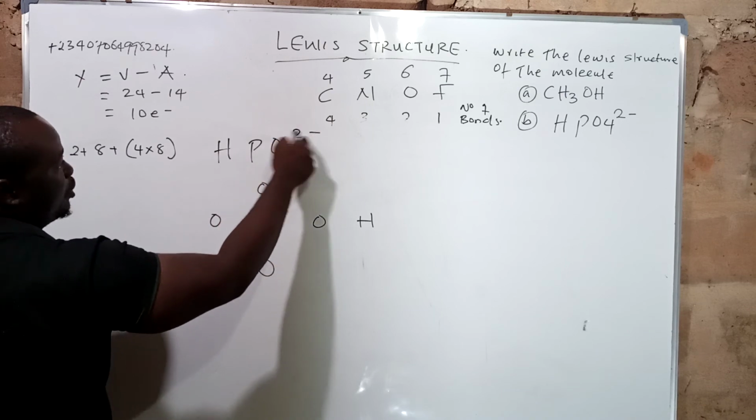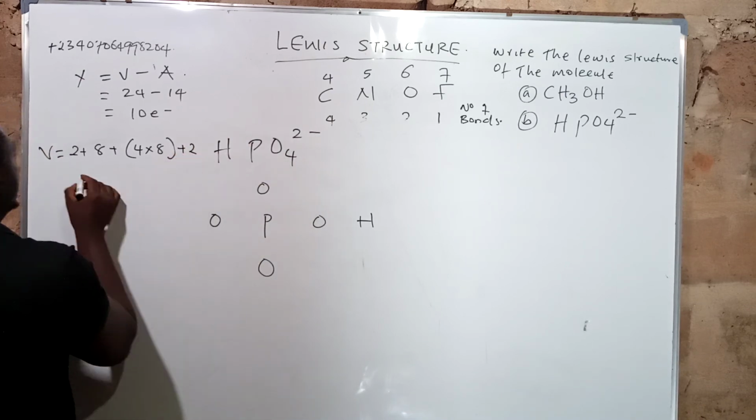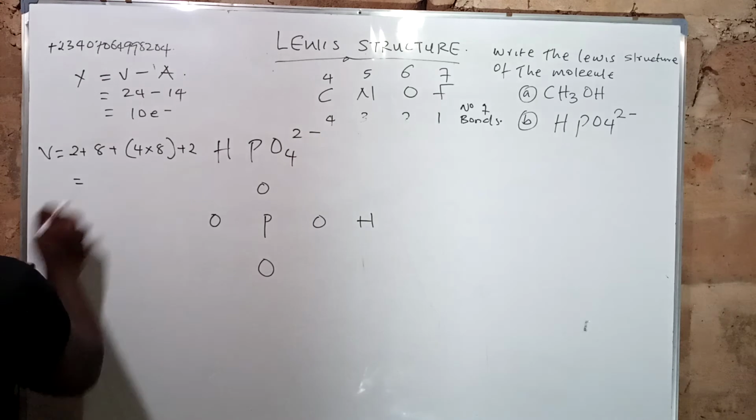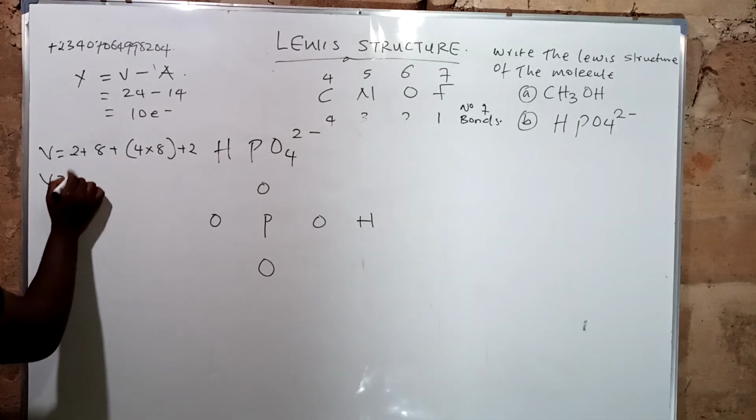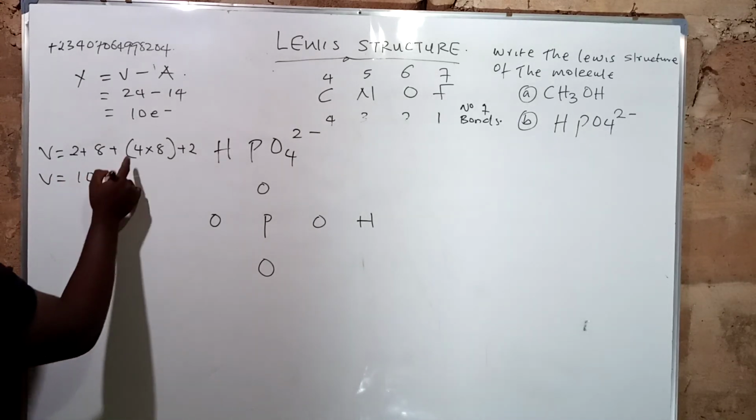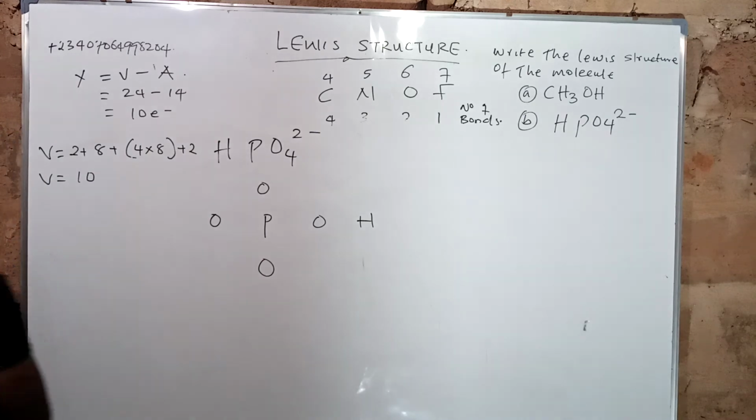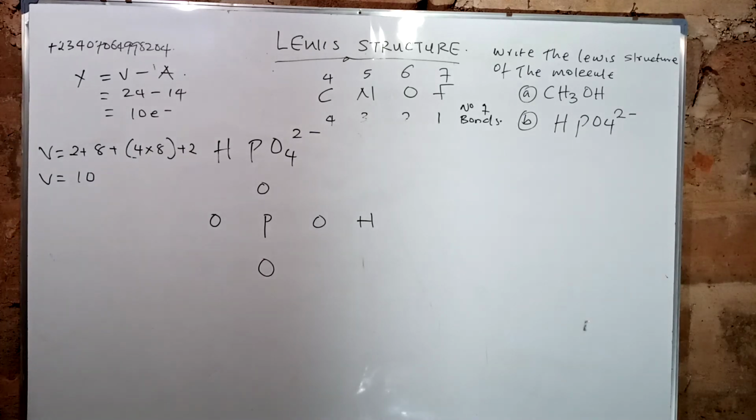And here is minus 2, so it has to be plus 2. This plus this should give you 10. This plus this, 16 times 2 times 4. So that should give you your V, 42 electrons.